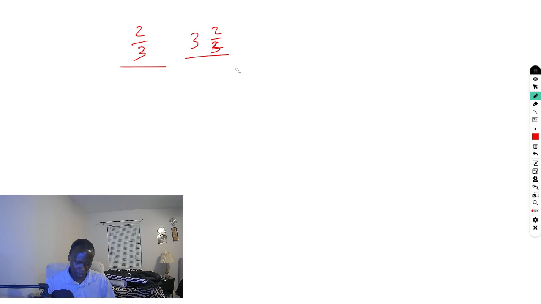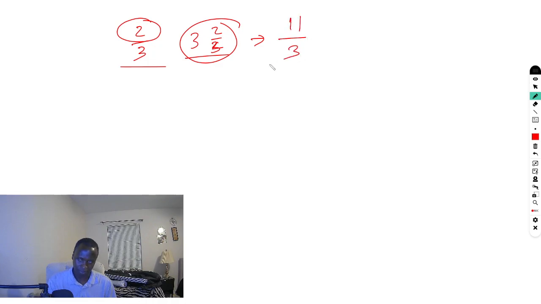Whenever we say improper fraction, that's when this number here is bigger than this other number. For example, if we want to convert this one to an improper fraction, that will be 11 over 3. That is called an improper fraction.